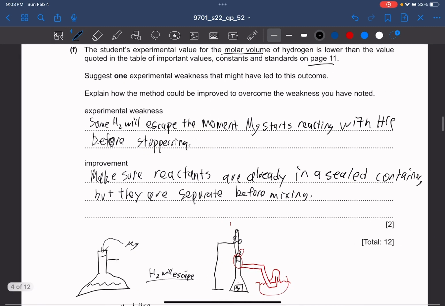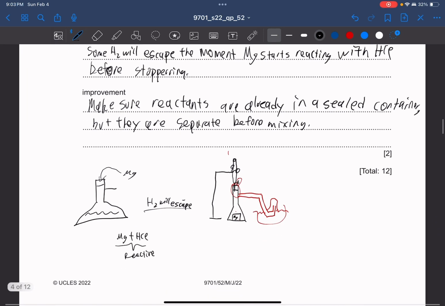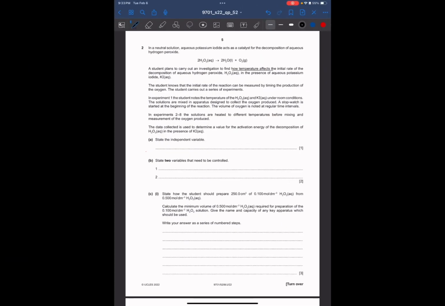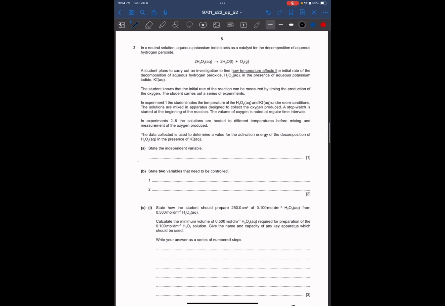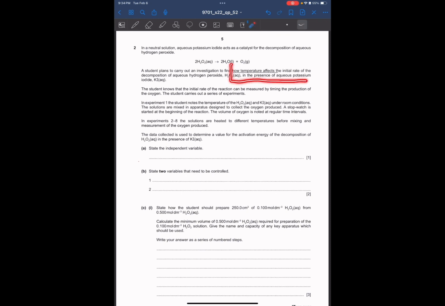Alright, so that basically marks the end of question 1, and we'll be moving on to the next question. Okay, so now we move on to the second question. Basically, this time, our question is an investigation to find out how temperature affects the initial rate of decomposition of H2O2 or hydrogen peroxide.